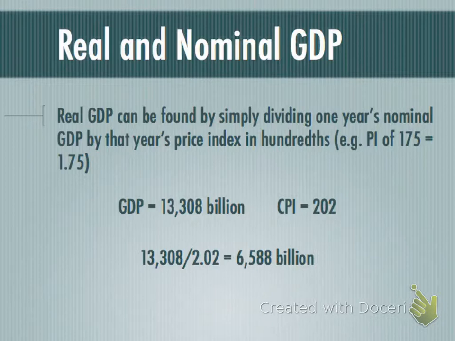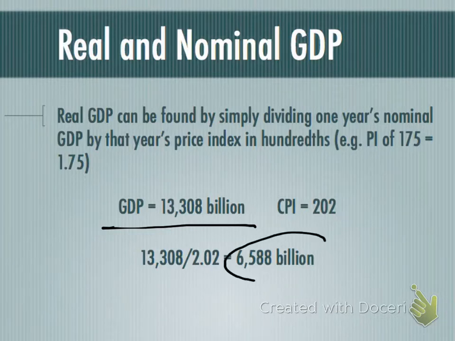So if the price index, which we were working on earlier, is 175, in hundredths that's 1.75, and in this instance you'd take $13.3 trillion and divide it by 2.02 and say almost half of this increase in GDP was due to inflation, because the real amount is 6.5 trillion. And that's the end.